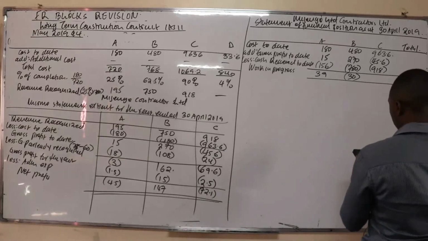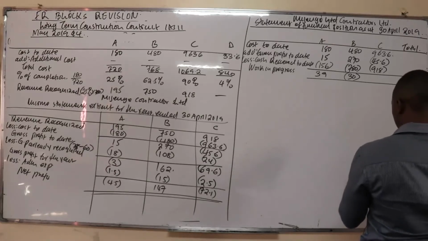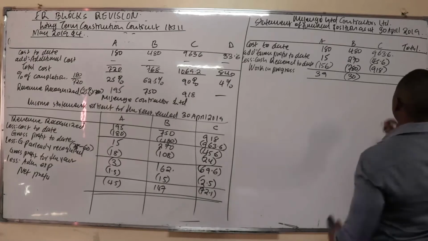Is that 0? 963.6 minus 45.6 minus 918. Yes, I'm getting a 0.